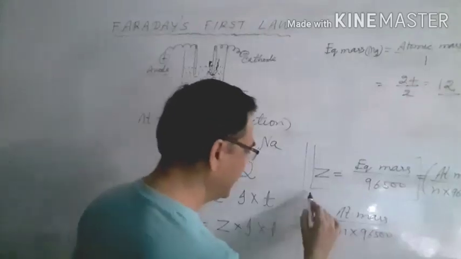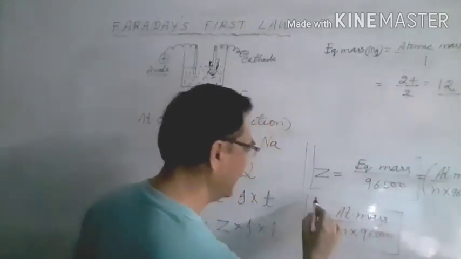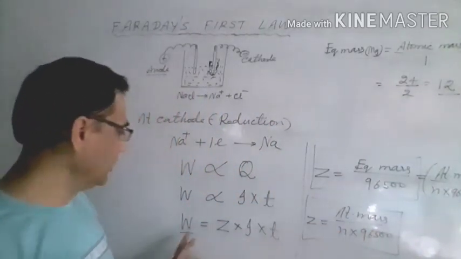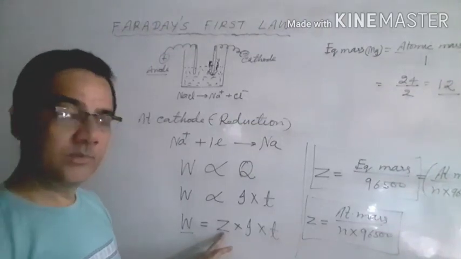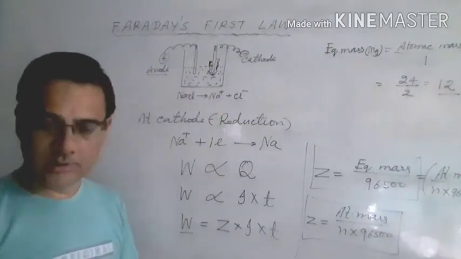This is equal to Z, and this value of Z you put in the main formula. Then what will you get? Now I am just deleting this.